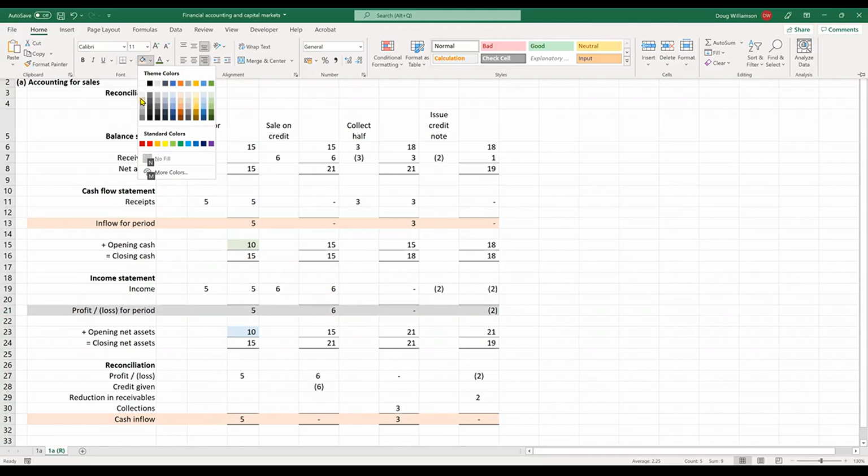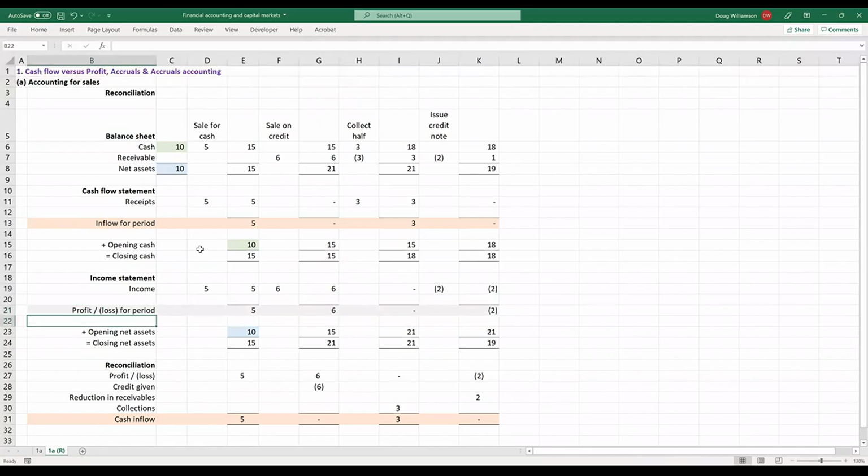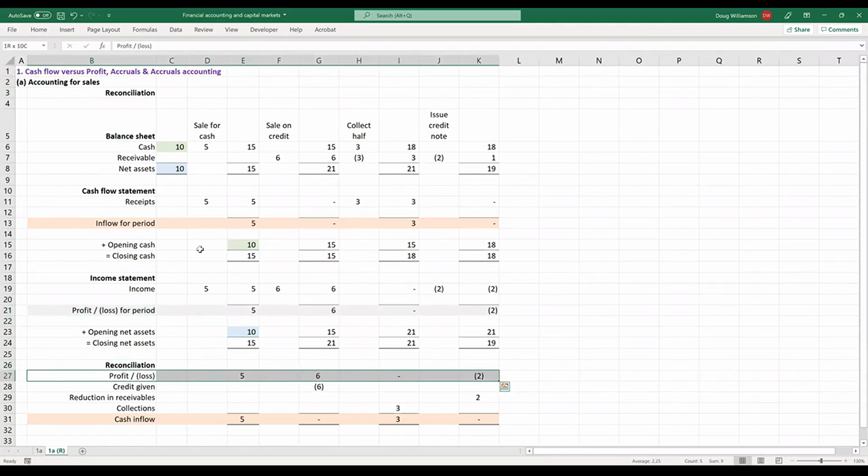Let's put the profit or loss in gray. Such that the differences are the kinds of things we begin to understand and manage. So profitable entities can run out of cash.